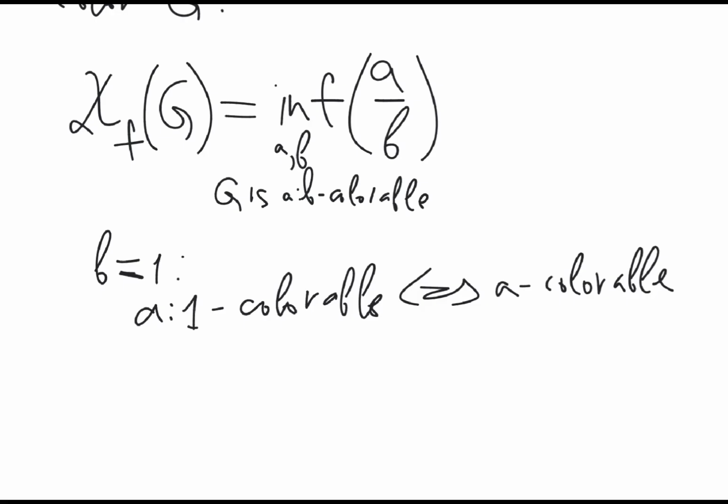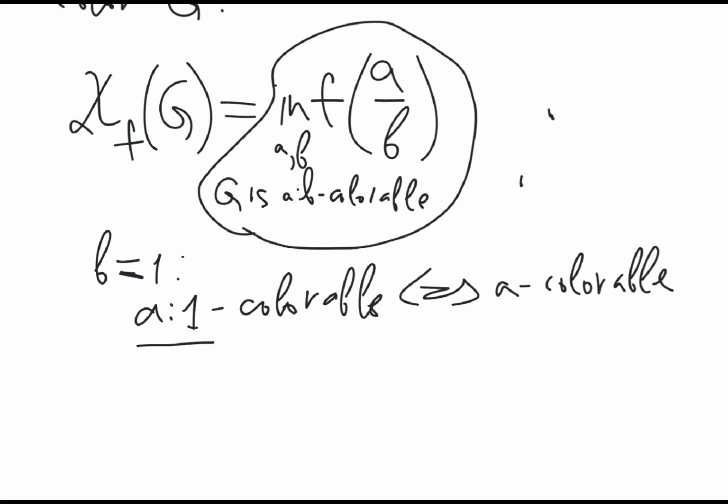Because remember, the parameter b is the number of colors that each vertex receives. So if each vertex now receives only one color, this is just a regular proper coloring. So the regular proper colorings are included in this infimum, because b equal to 1 is exactly proper colorings.